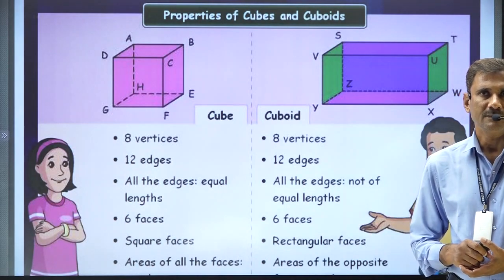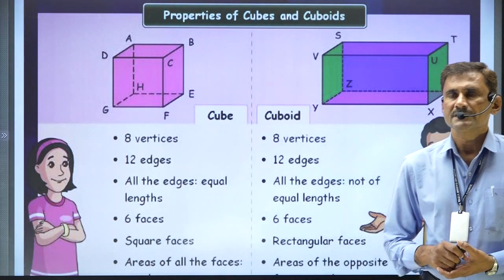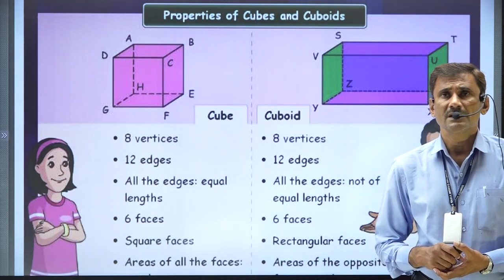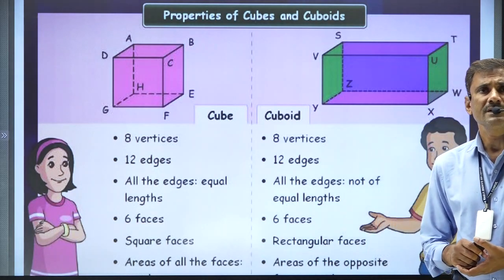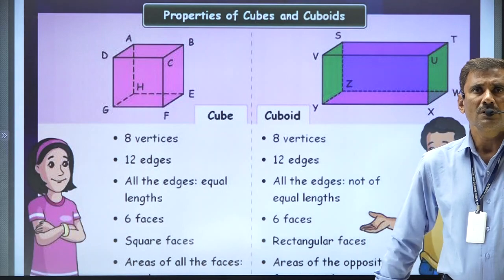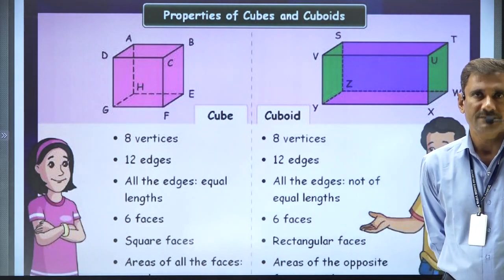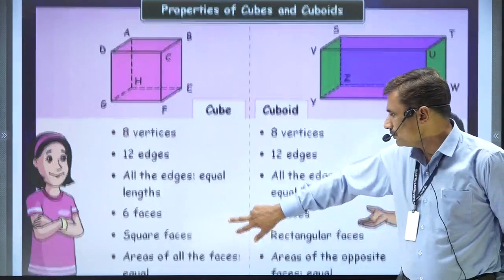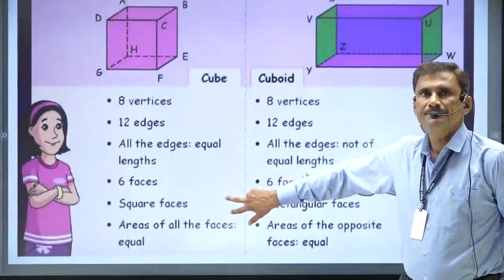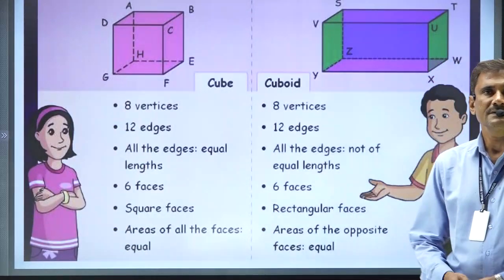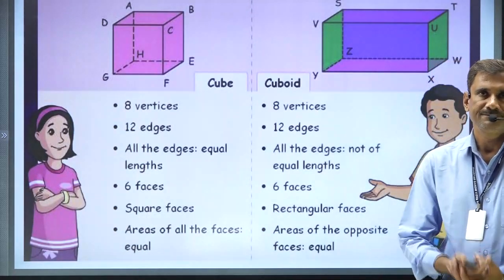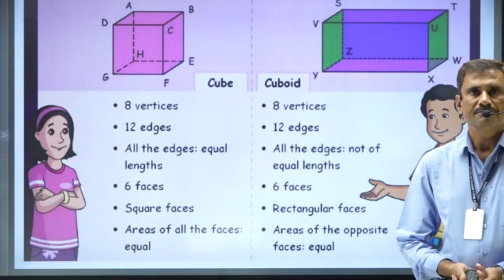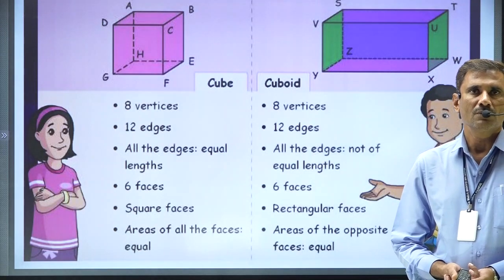Obviously, because all edges are equal, meaning length, breadth and height are equal, they will be square only. So all 6 faces will be square, and the area of all the faces will be equal. These are the basic properties of a cube.